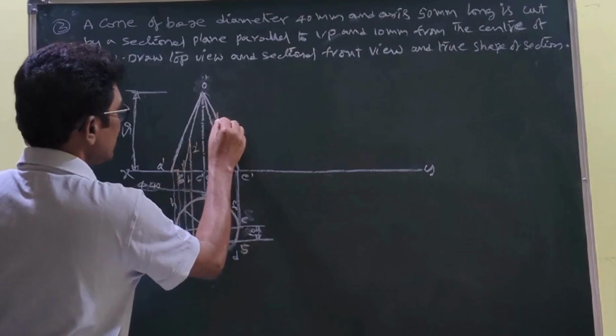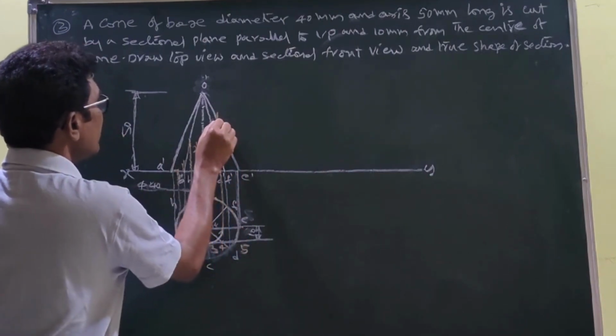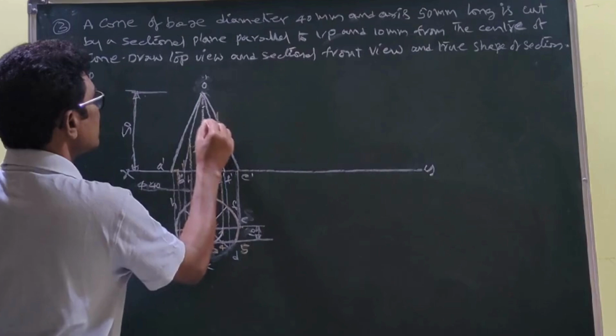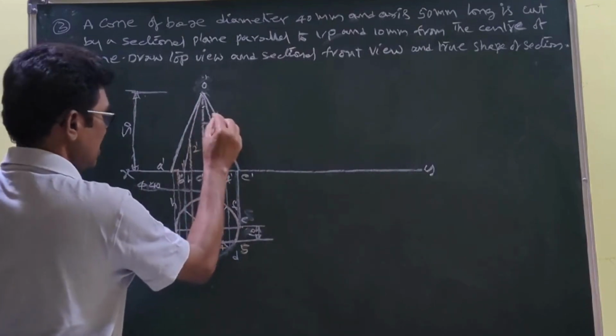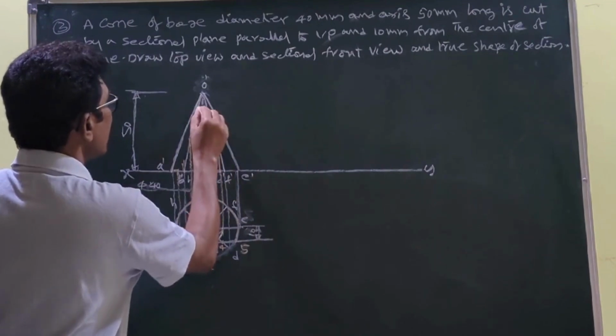This is the point. Until that you have to extend it. From here you draw the horizontal line parallel to xy onto this axis. So this point is called 3 dash.